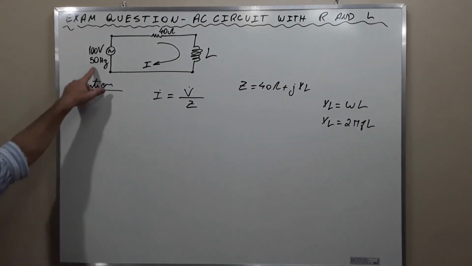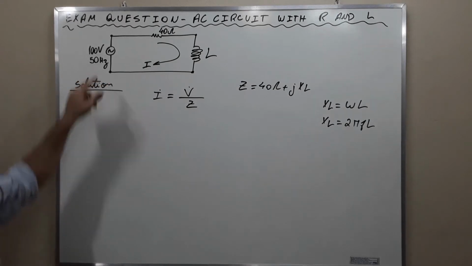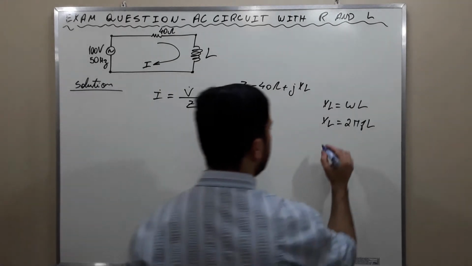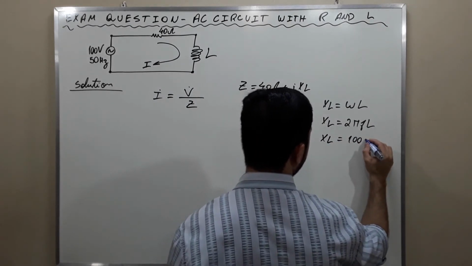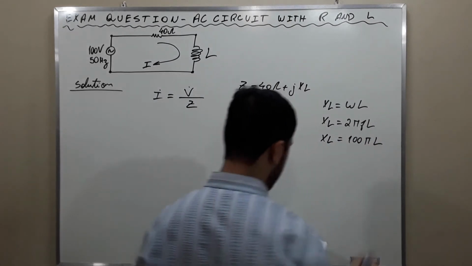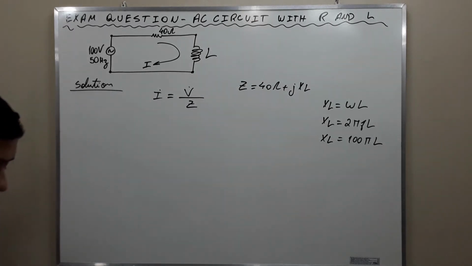And the frequency here is 50 Hertz. Therefore, here XL is equal to 100 pi L. Alright? Do you guys fully comprehend this?